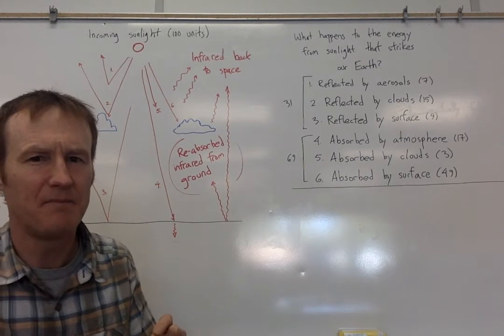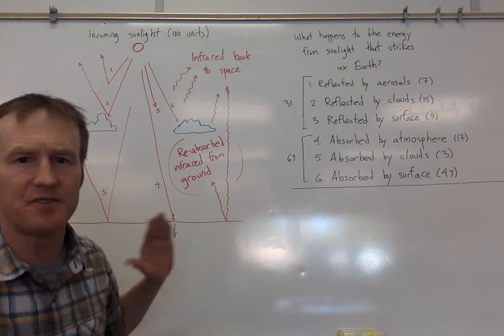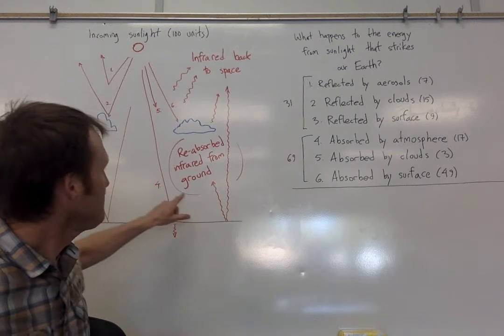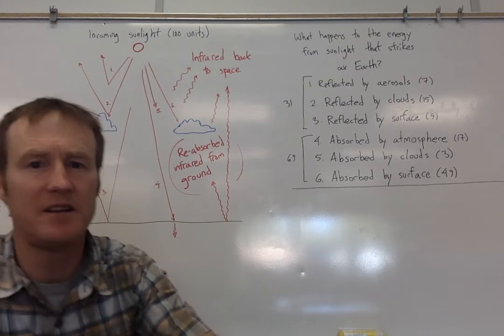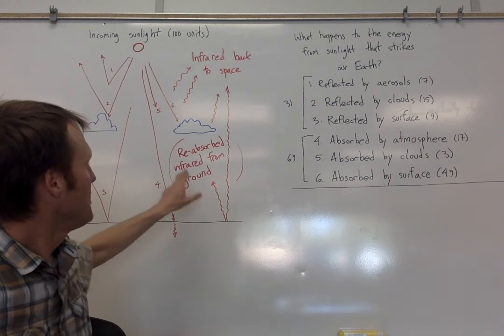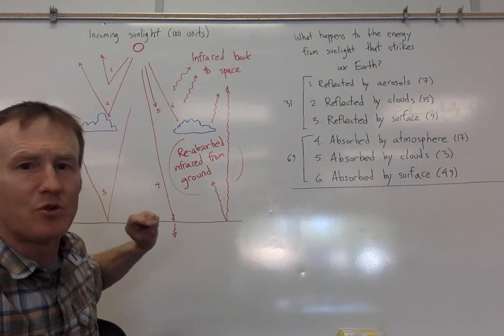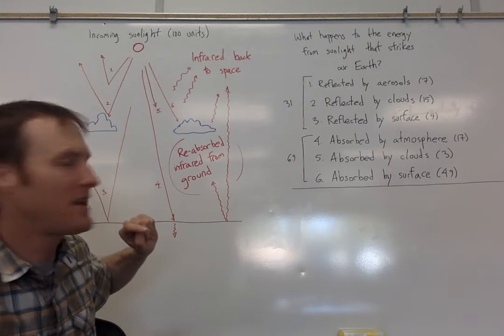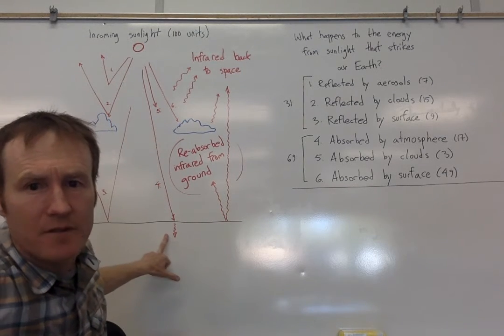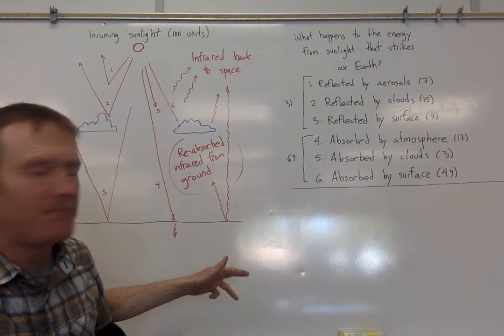But here's the deal. I'm not going to go into all the details here that I could, but I do want you to know this. Some of that re-radiated infrared radiation gets reabsorbed by the atmosphere. So let's go through that again. Sun's rays, a unit of the sunlight strikes the earth.